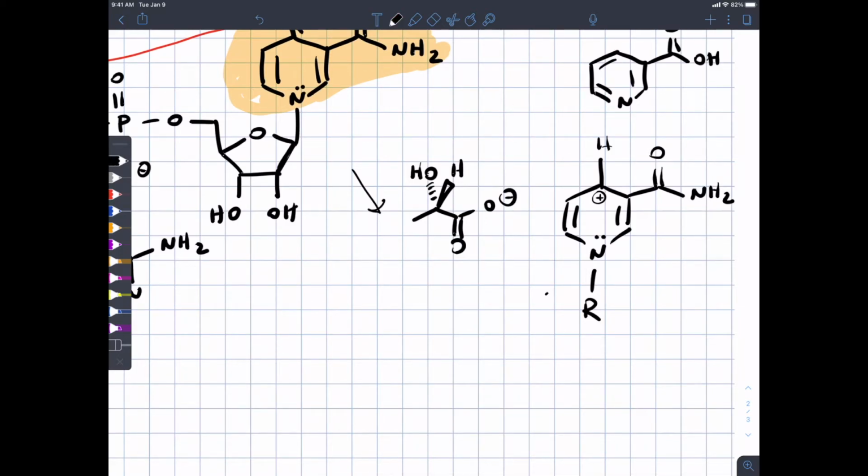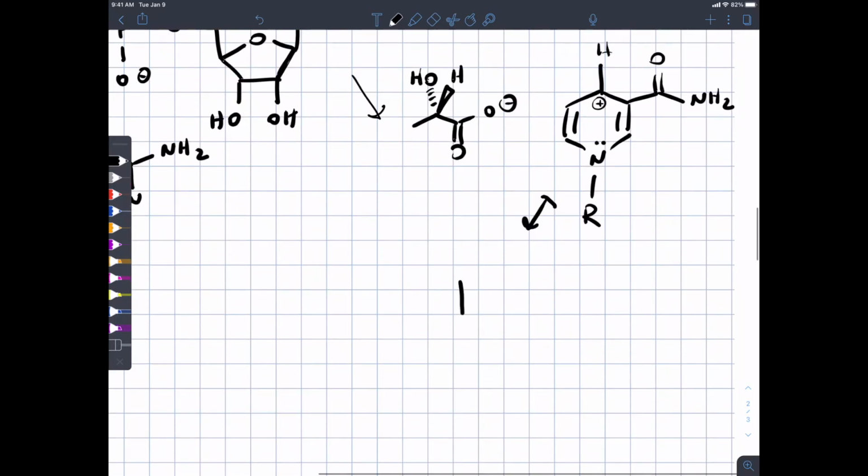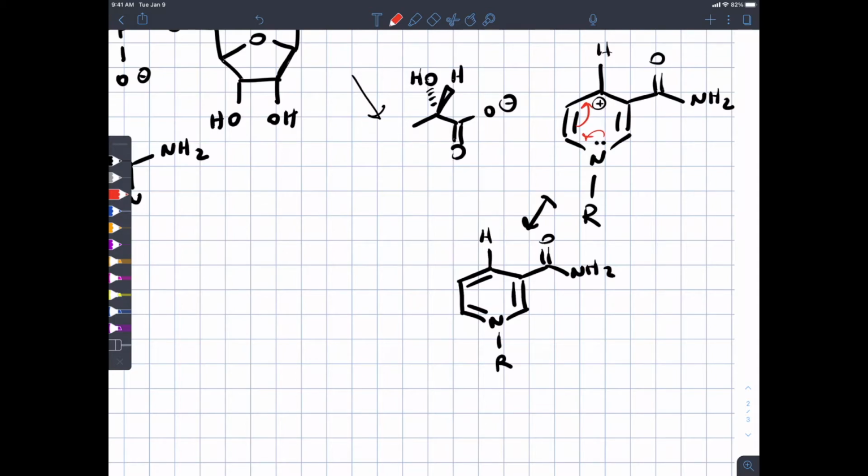I can draw a resonance structure in which I move these electrons here and these here, and then I have a positive formal charge on the nitrogen.